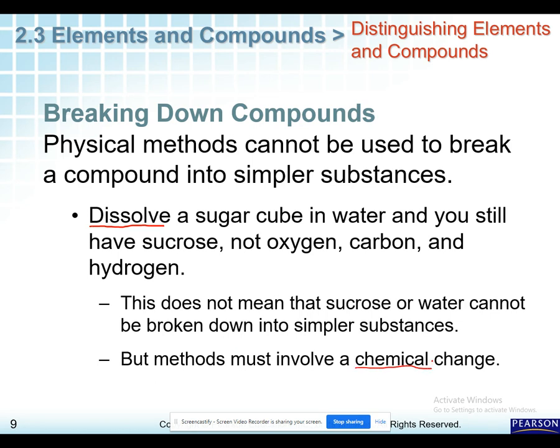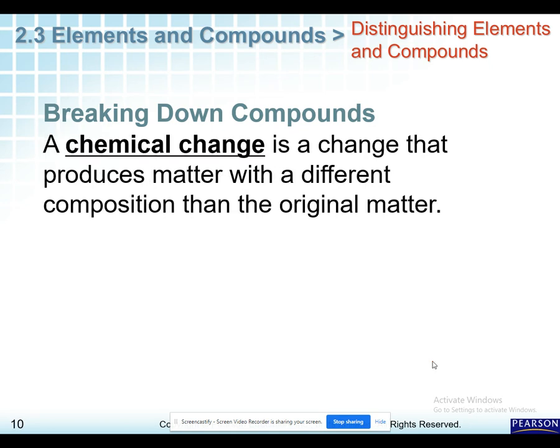So let's go back and define what a chemical change is. A chemical change is a change that produces a different composition or a different makeup. We talked about this before, so let's review. What are some clues to help tell if something is chemical? One of the clues is a color change. The second clue is formation of a precipitate.